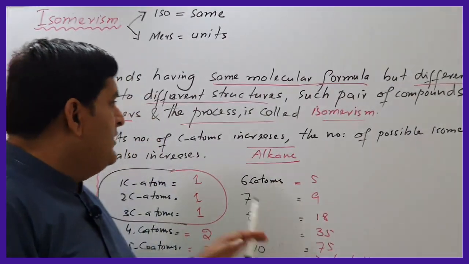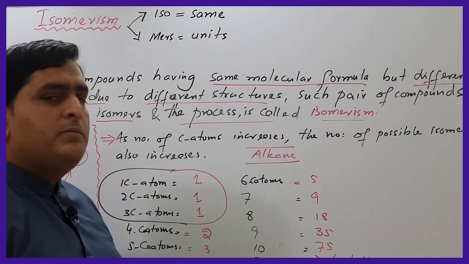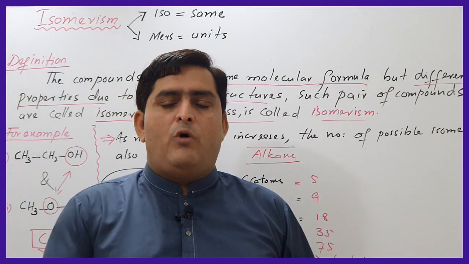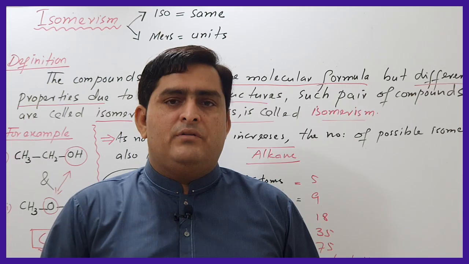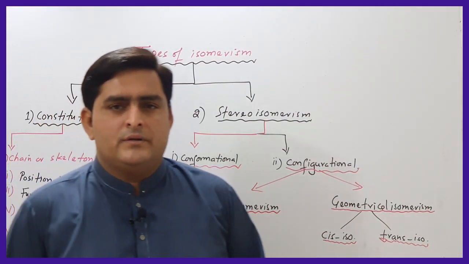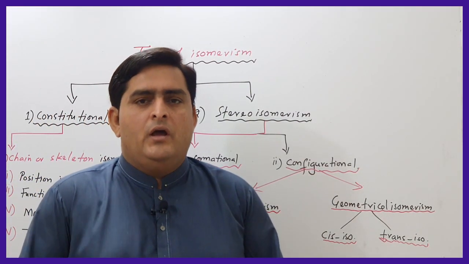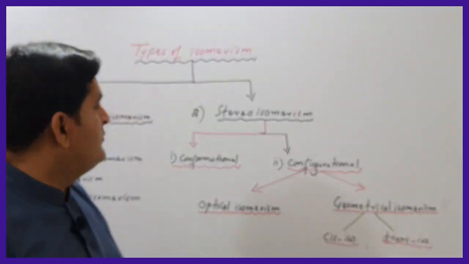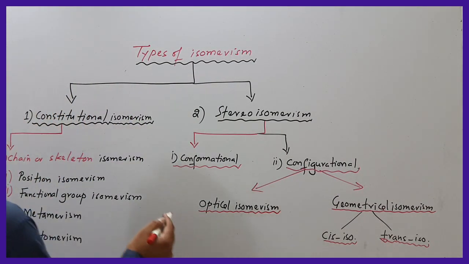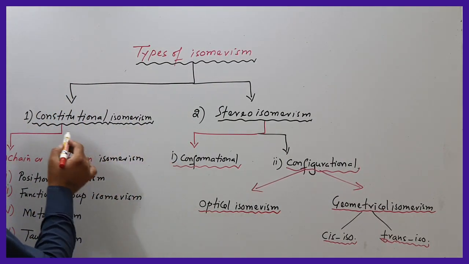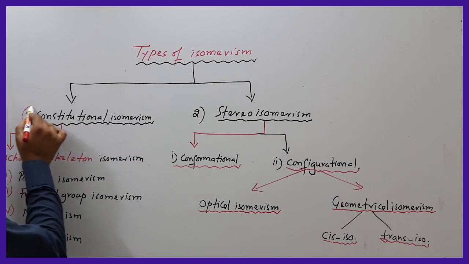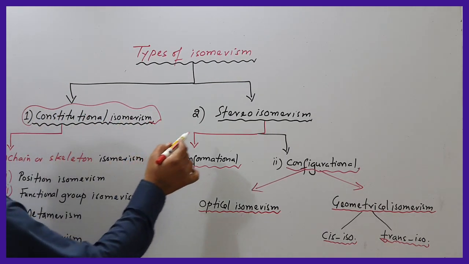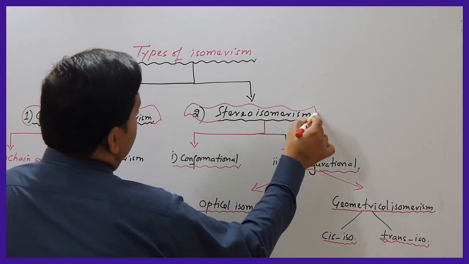Now we will explore the types of different isomers. How many types of isomers are there? There are several types of isomerism, in which there are 2 major classes: one is constitutional isomerism and the other is stereoisomerism.